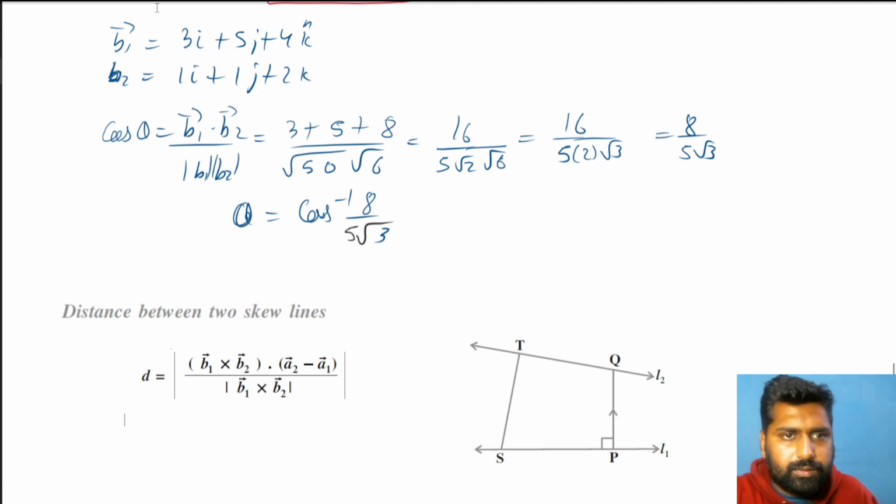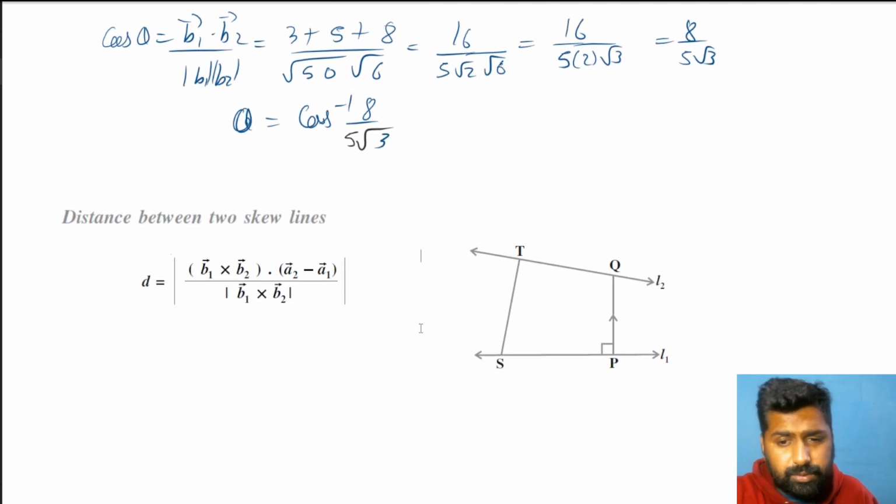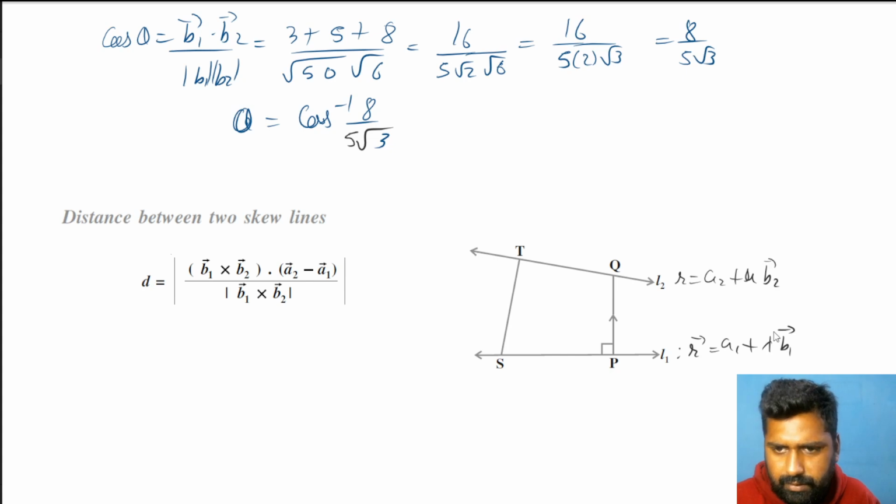D is equal to B1 cross B2. Okay, what is B1, B2? This is line L1. So line L1 is given by R vector is equal to A1 plus lambda B1. And line L2 has R vector equal to A2 plus mu B2. So all you really need is A1, B1, A2, B2.